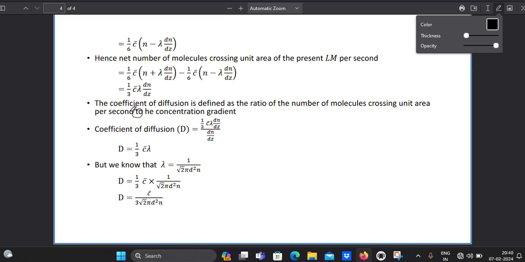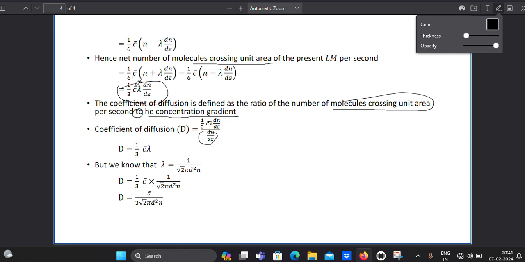Before this, what is present? Molecules crossing per unit area, which is this one. So molecules crossing per unit area to the concentration gradient. The concentration gradient is dn by dz.